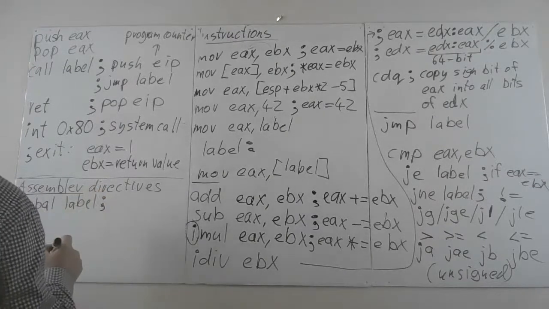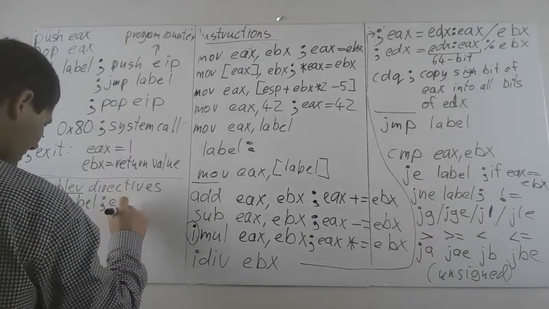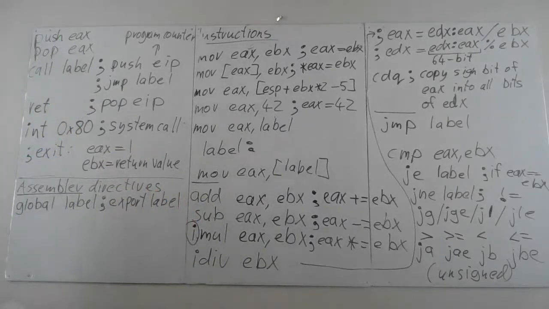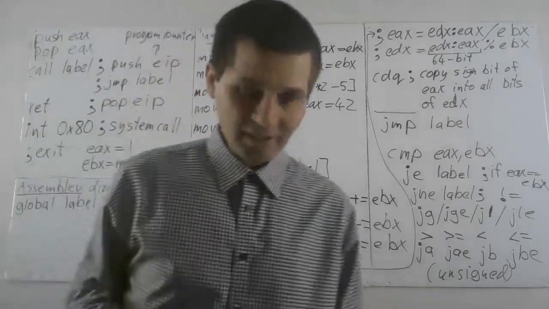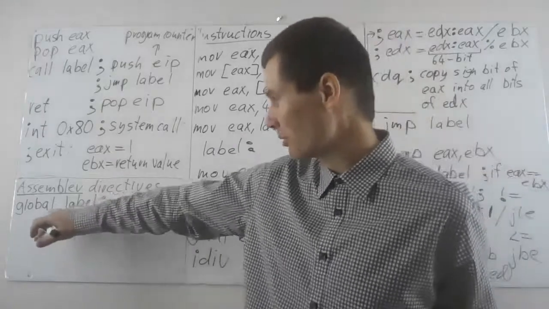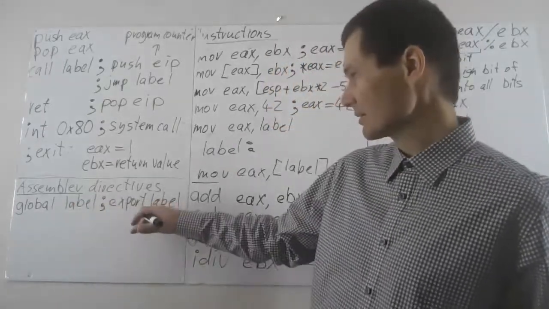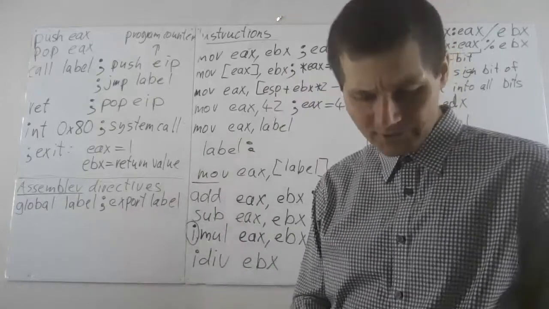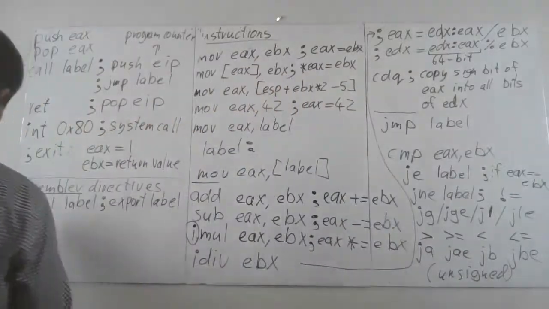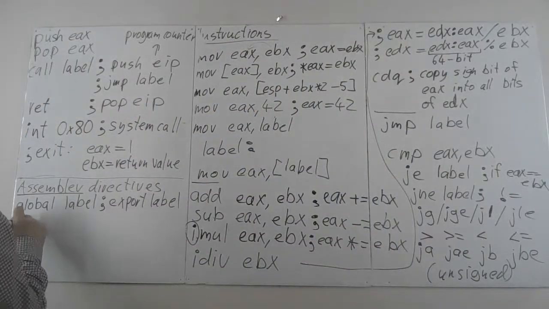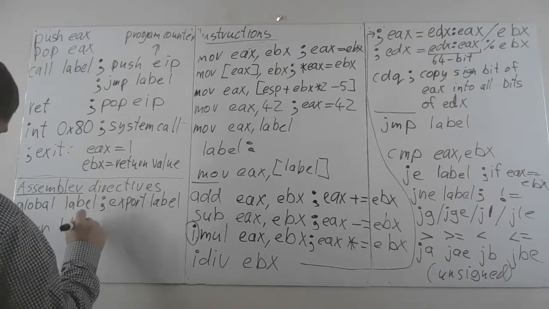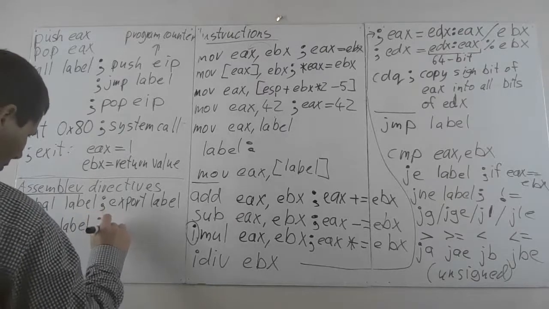So I'm going to write, export label, because if you still remember your MIPS assembly from CS241, I mean, sort of the MIPS equivalent to global is export. So this makes the label usable in other files, but it's not visible in other files by default. If you want to use the label in a specific file, you have to say extern label. And so this is the equivalent of import.